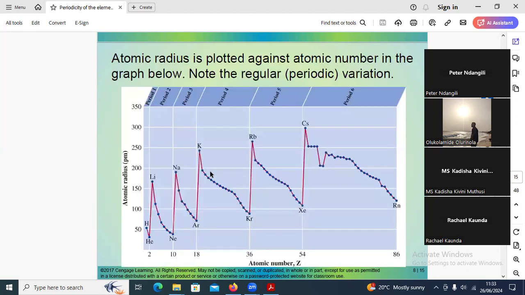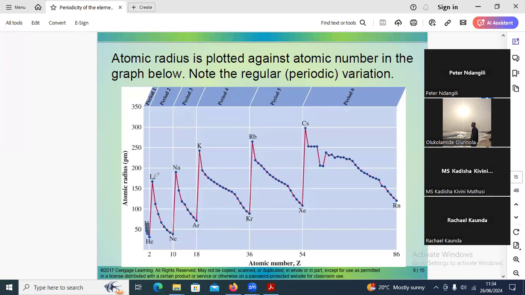Now, this one here is explaining what is happening as we move across a period. So you find that from hydrogen to helium, there is a decrease.